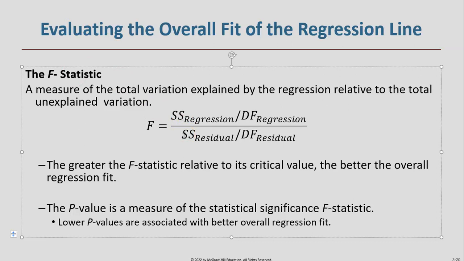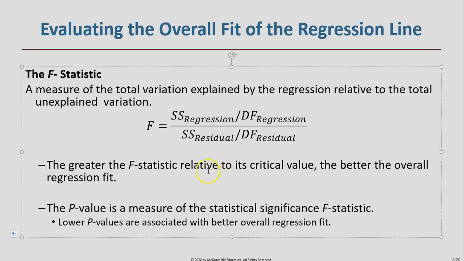The unexplained variation is the residual sum of squares, also divided by its degrees of freedom. So the larger the F statistic relative to its critical value, the better your regression is doing. And along with the F statistic, you'll get a p-value to tell you the chance that your regression model is basically a null model that explains nothing.